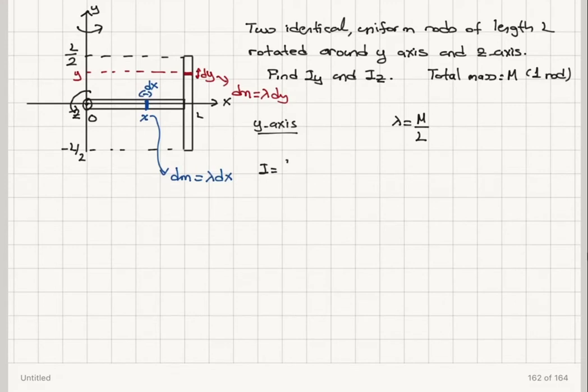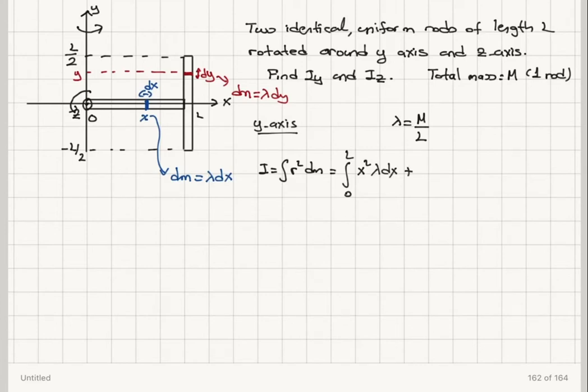The moment of inertia is the integral of r squared dm. So I look at the rod that is on the x-axis from 0 to L. I ask what is the distance between the mass element and the y-axis. It is x, so it's going to be x squared, and dm is lambda dx.